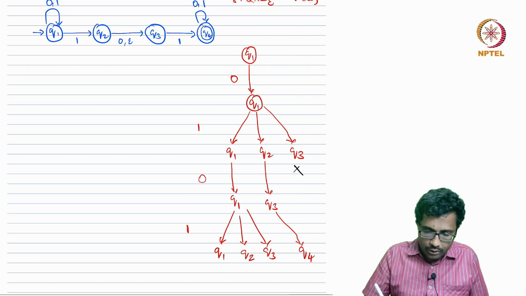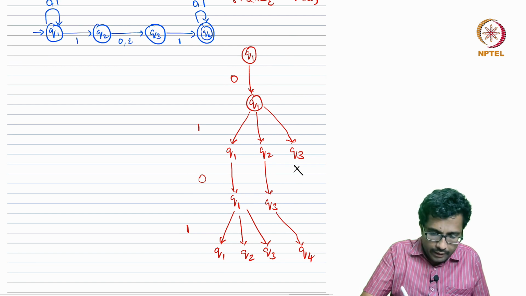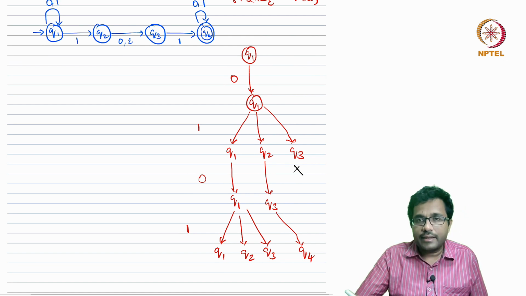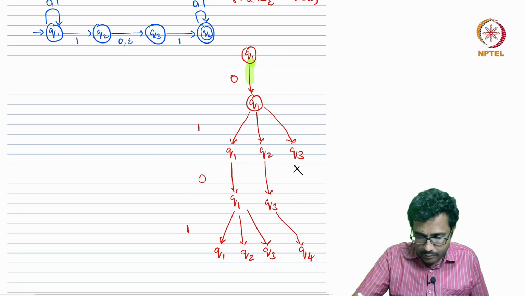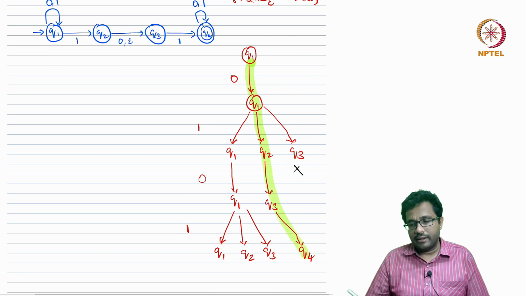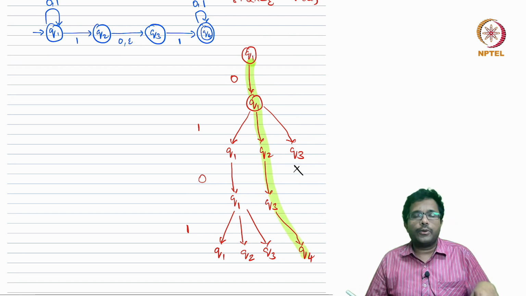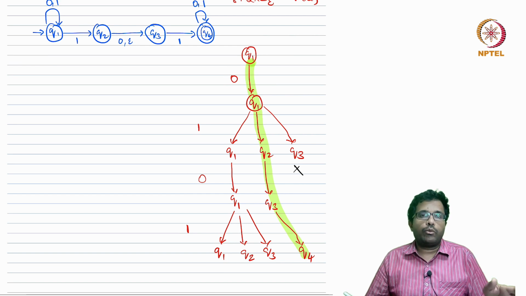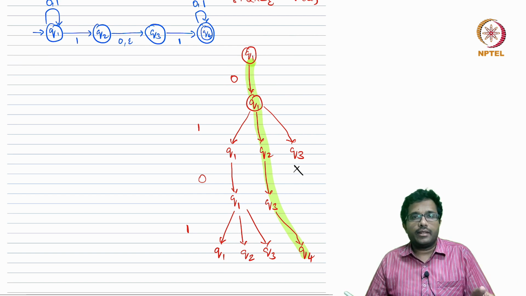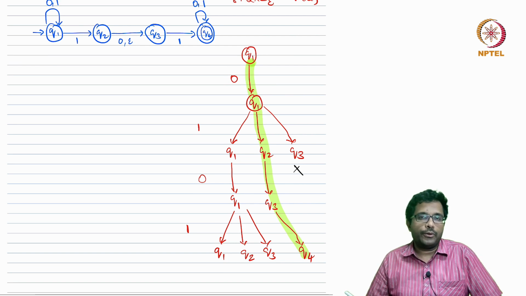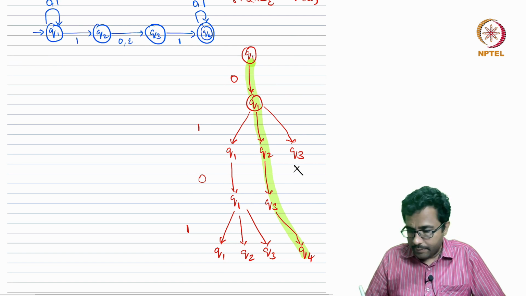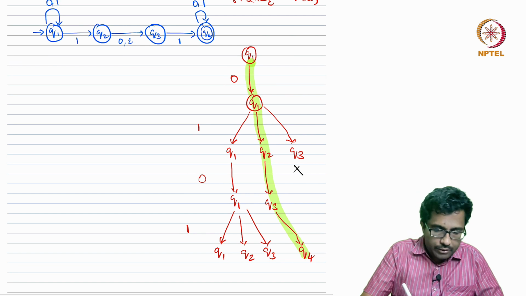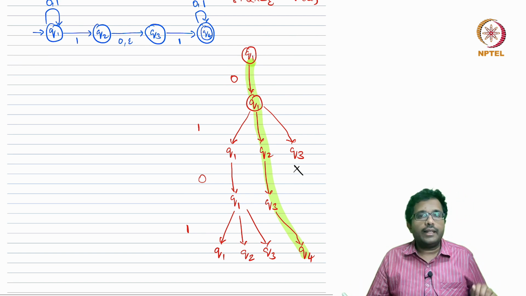So after reading 0 1 0 1, there is one way to reach the accepting state, which is like this, right? The highlighted path is an accepting path. So the first 0 you remain at q1, the next one you go to q2, the next 0 you go to q3, and then the last one you go to q4, right. So this is an accepting computation path. So 0 1 0 1 is accepted by the NFA.